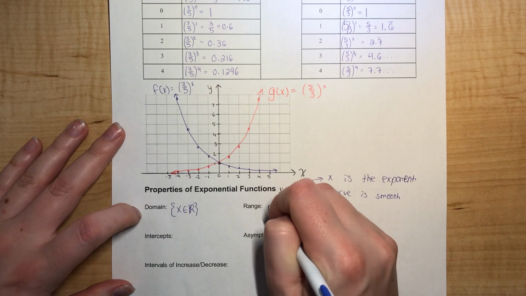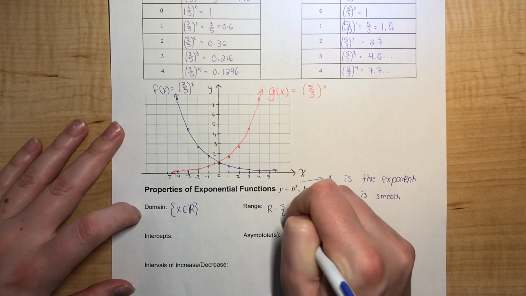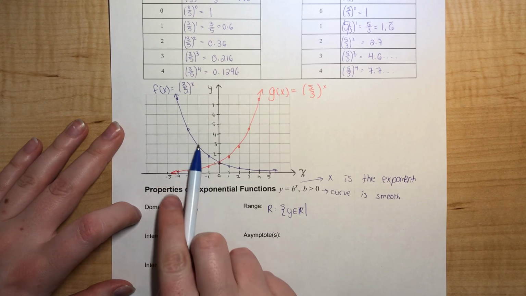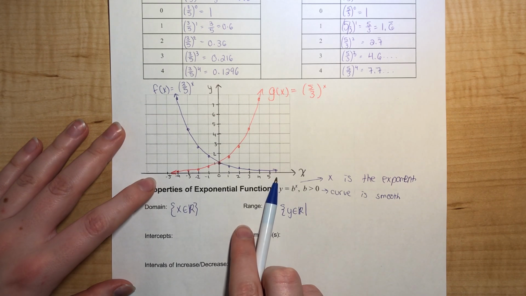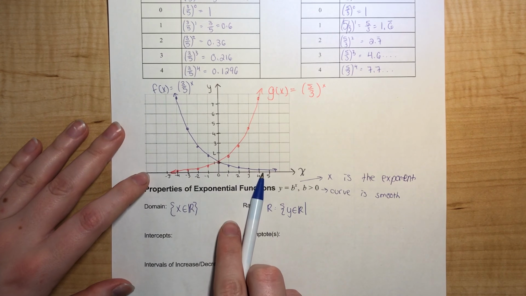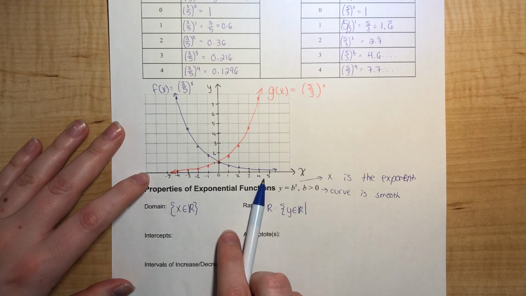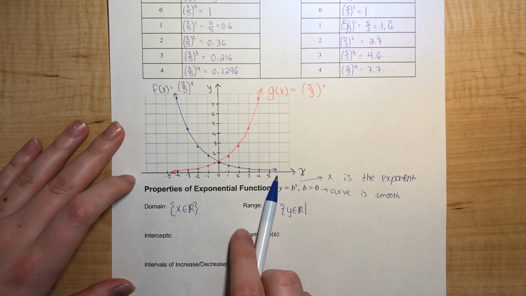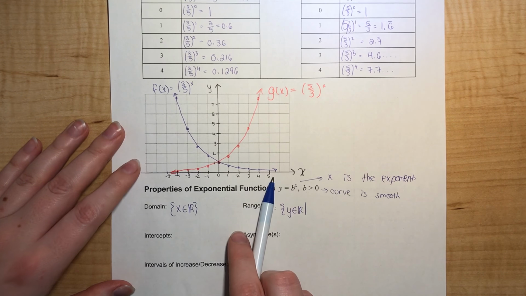For our range though, we notice from our graph that both of these have an asymptote. Our red one has an asymptote on the left, blue has the asymptote on the right. But both of these functions have an asymptote along our x-axis. So whichever way our function is going, either way it's coming in towards the x-axis.